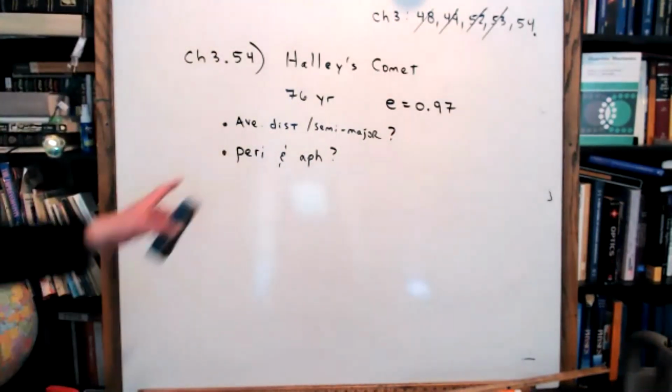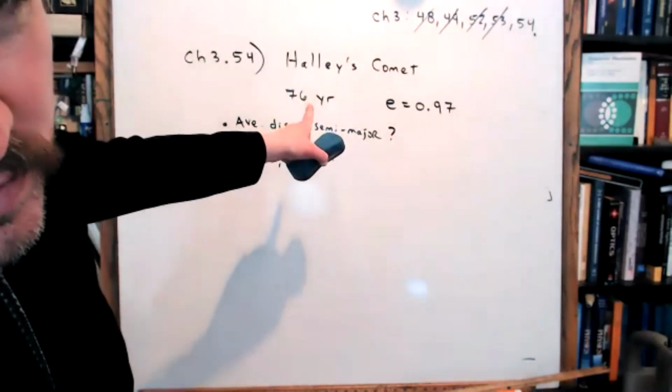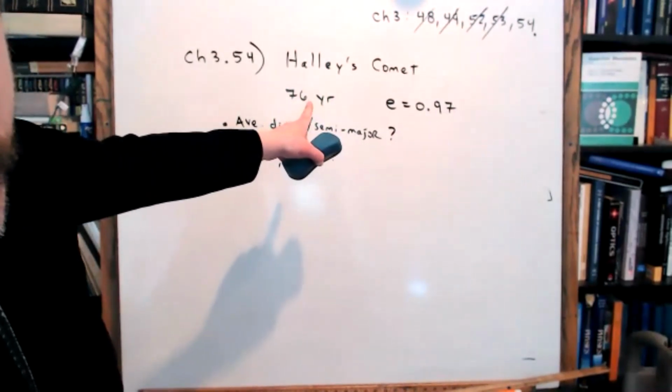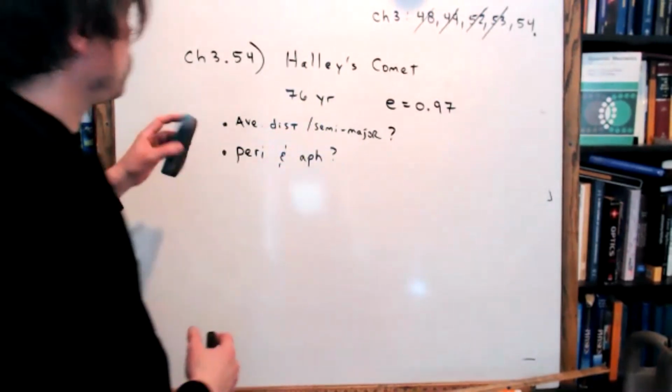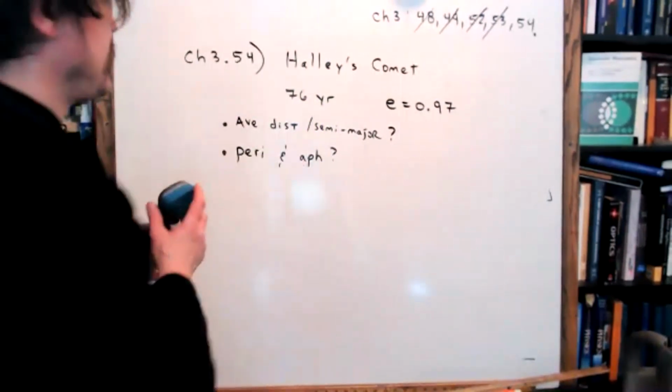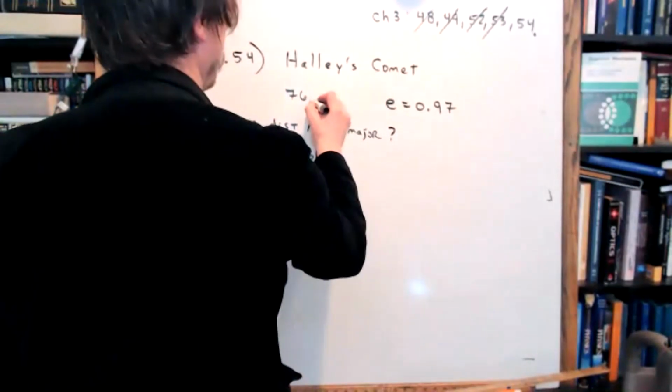Okay, that shouldn't be too hard. Did I remember correctly that they gave us 76.0 years, Ryan? Yes, it did. Sorry, I forgot to say 0.0. That's for sig fig reasons. That means it's good to 3 sig figs.